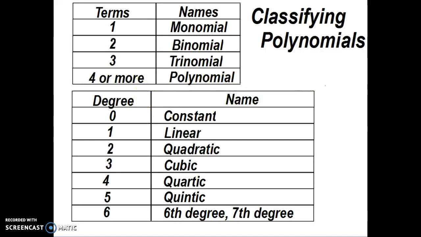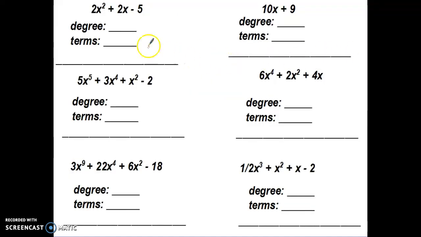All right, so let's look here at what Mr. O'Neill has planned for us. We're going to name this polynomial because it has more than 1 term, but we're going to give it a specific name. The highest degree of this polynomial is 2, right?